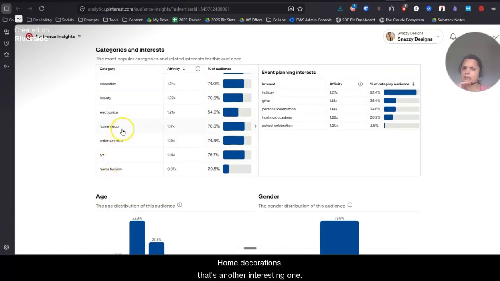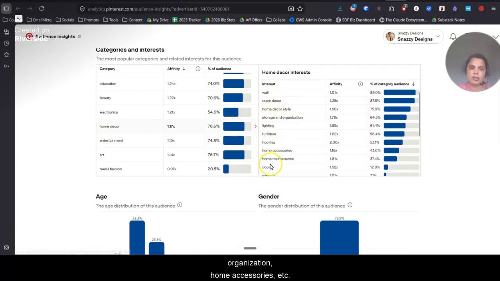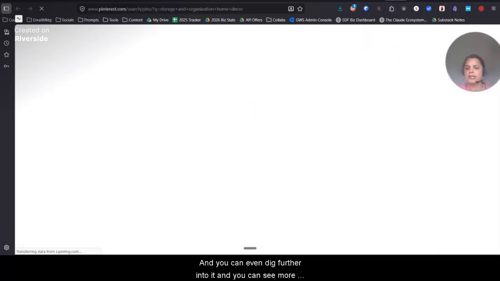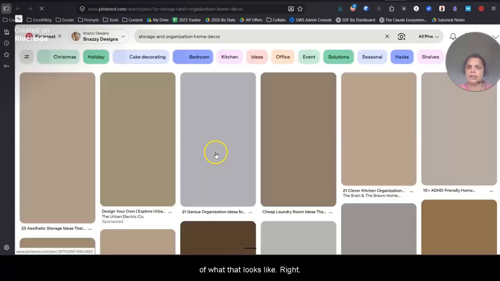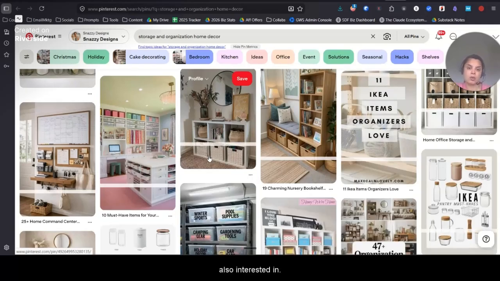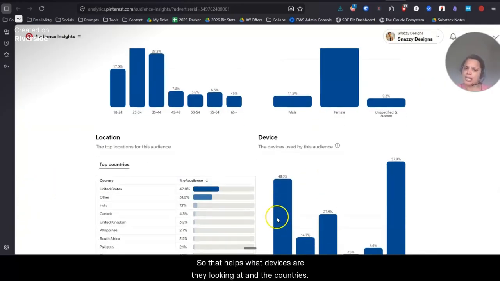Home decor, that's another interesting one. There's just so much. There's room decor, there's wall storage and organization, home accessories, etc. And you can even dig further into it and you can see more of what that looks like, right? So these are some of the things that my audience is also interested in. Age distribution, gender distribution, so that helps.